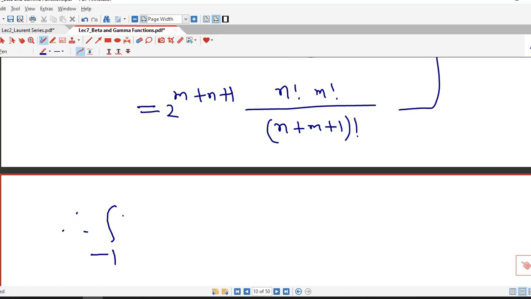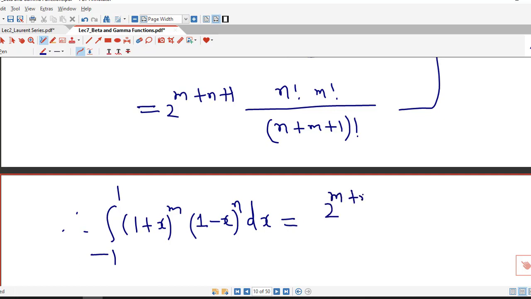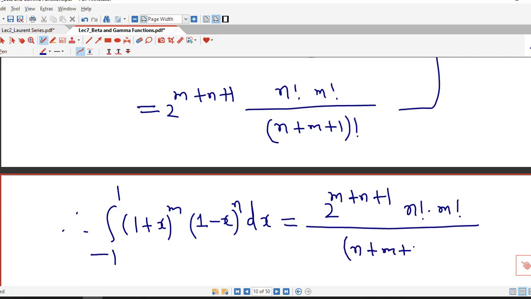Therefore we obtain the integral from minus 1 to 1 of (1 plus x) raised to m, (1 minus x) raised to n, dx, equal to 2 raised to m plus n plus 1 times n factorial into m factorial divided by (n plus m plus 1) factorial.